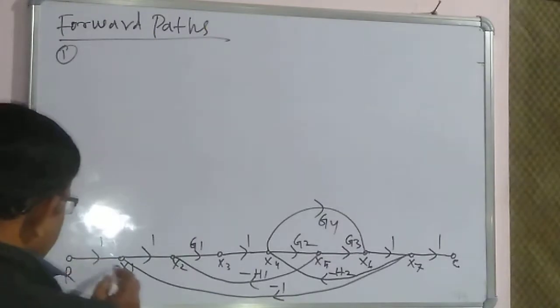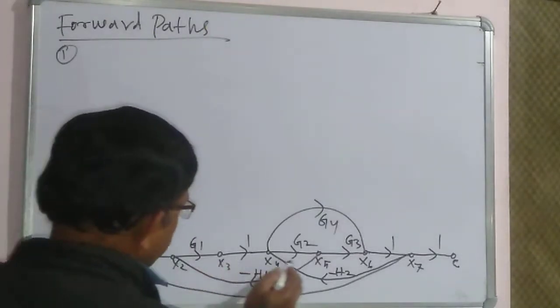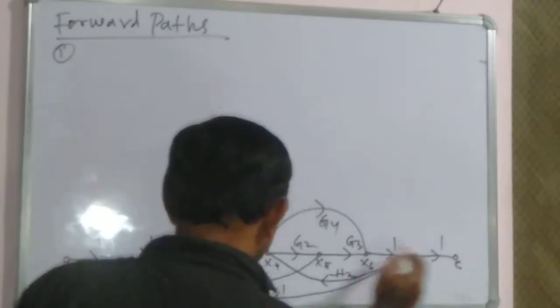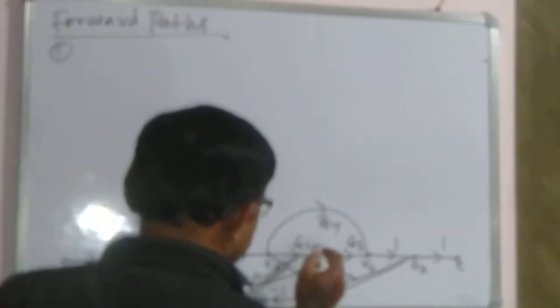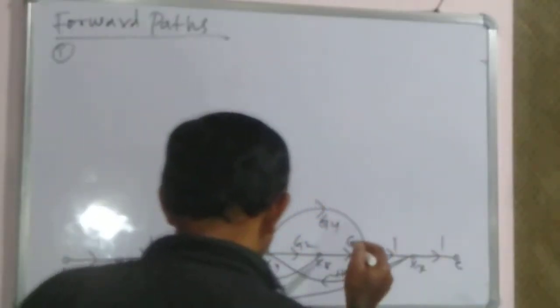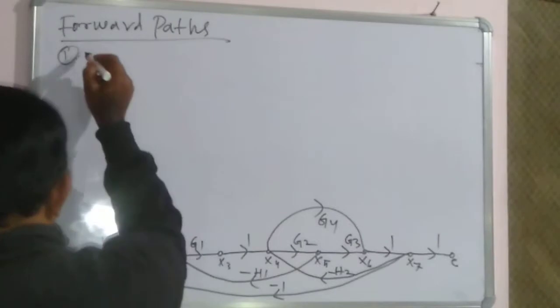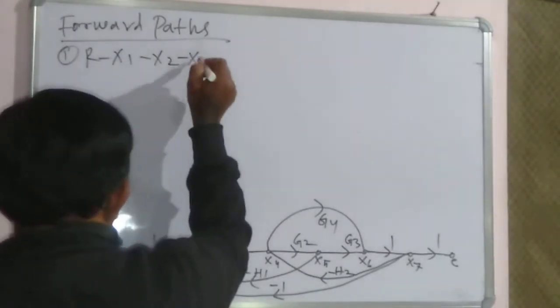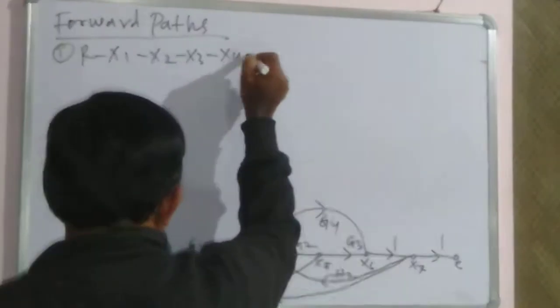So R, x1, x2, x3, x4, x5, x6, x7, C is one forward path, because all the directions are the same and no node is crossed more than once.